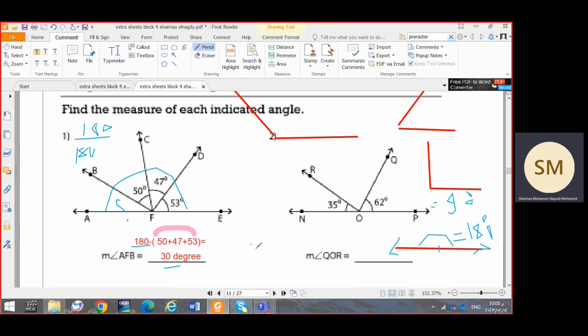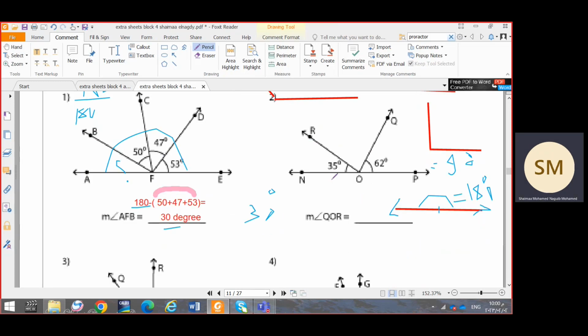وباي ذا واي عشان كلكم بتنسوا، انا لما بكتب 30 degree don't forget to write this degree like a small circle. Okay, so it will be 30 degree. تاني يبقى انا if I find this is 180, a straight line angle. This is a missing part. So we have all of these equals 180.